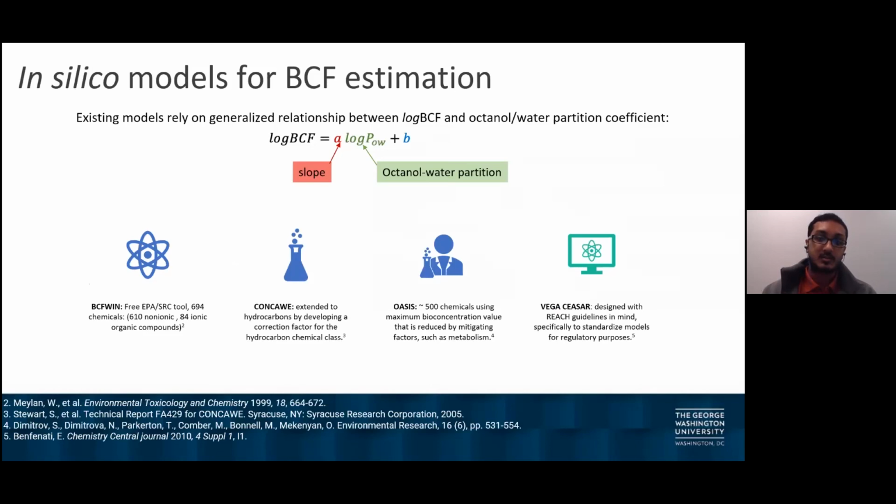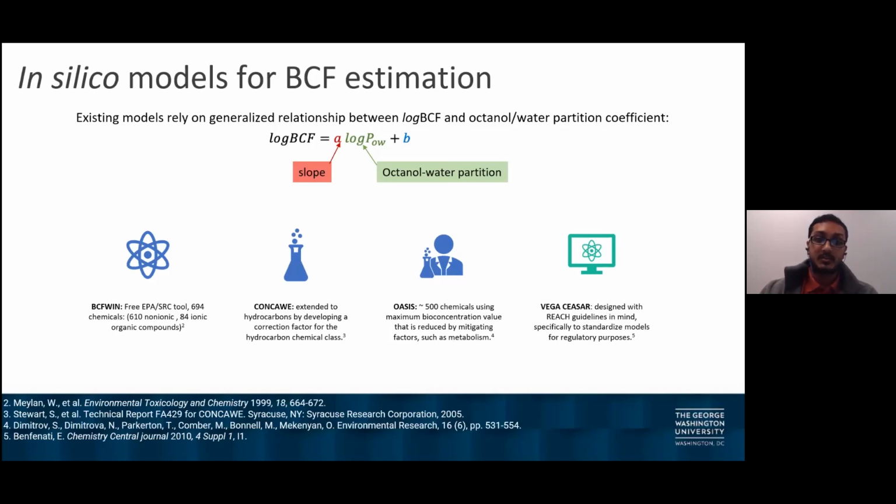QSARs use relationships between physicochemical properties and experimental BCF to make predictions. The first model was developed in 1974 and stemmed from the assumption that the octanol-water partition coefficient can be predictive of BCF, based on simple regression analysis. There are more recent models, which include BCF-WIN, Kokawe, Oasis, and Vega Caesar.